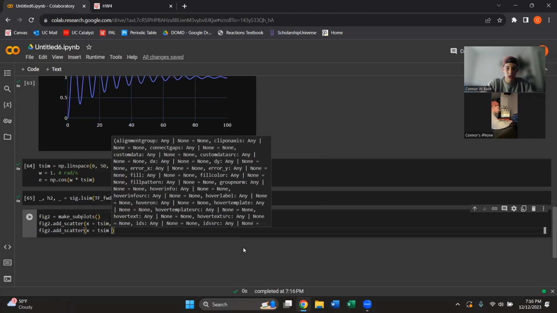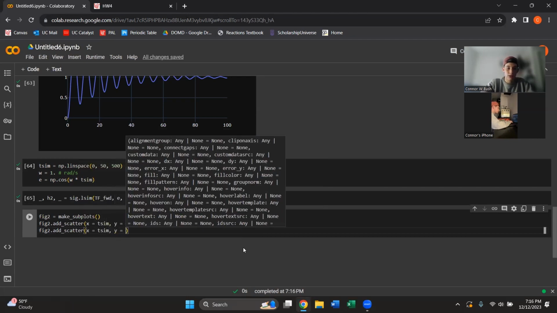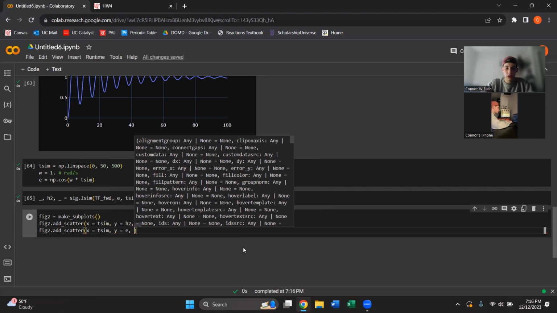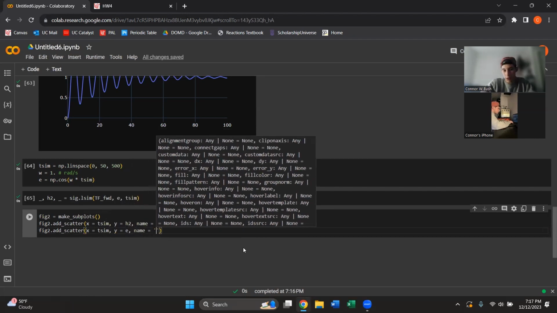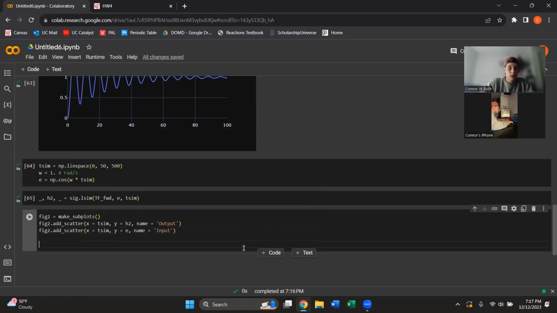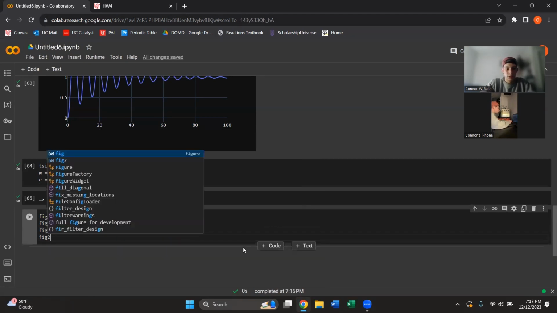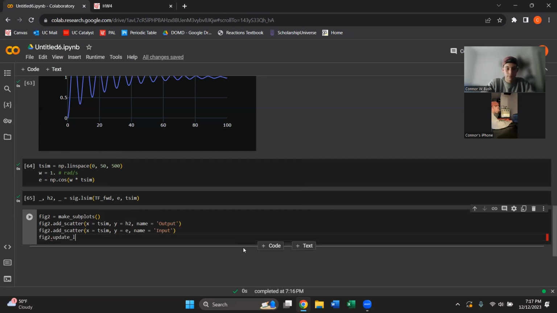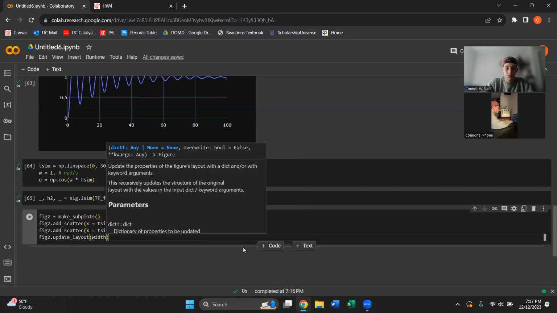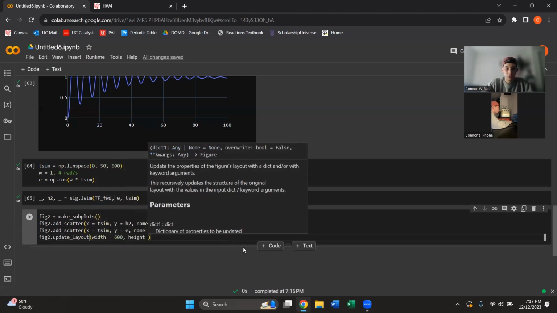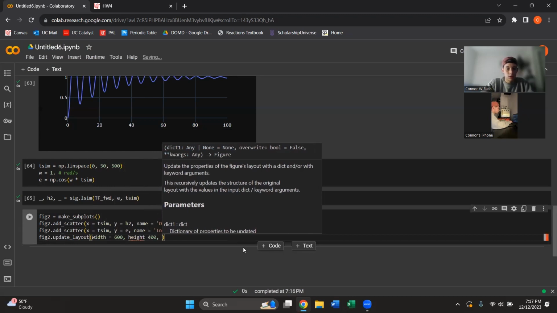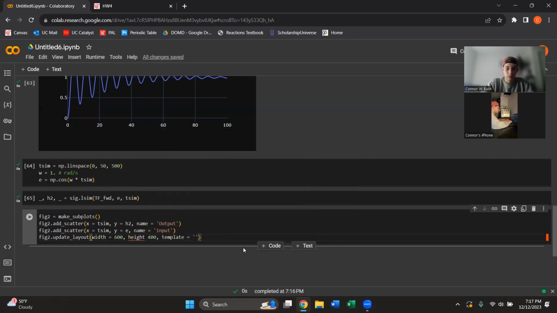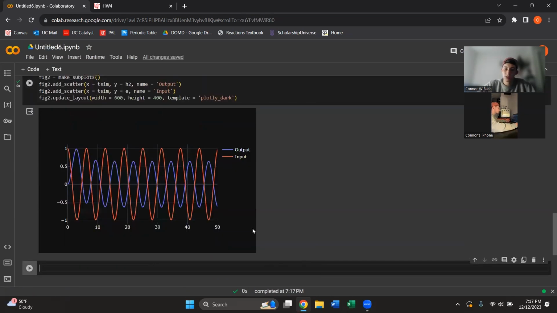X is still that same time plot, and then our Y is now our E. So this is our input. So we're going to name accordingly. And then we can update the layout again. Width 600, 400. Template. Forgot an equals sign. Let's see how this looks.